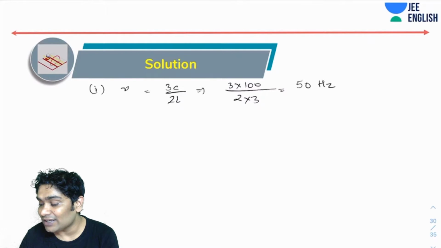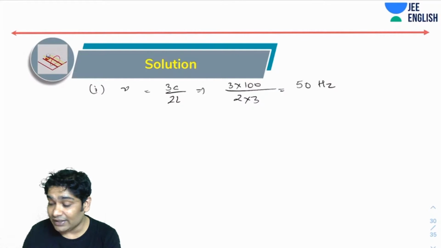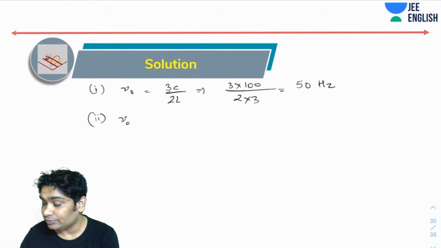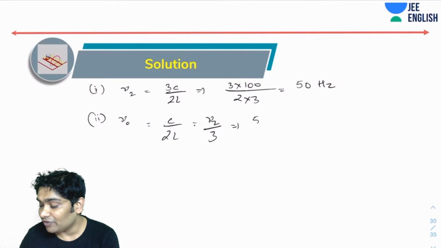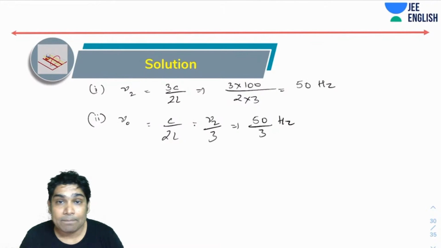So the first answer is absolutely correct. If 3C by 2L is 50 hertz, then nu 0 would be C over 2L, which is nu 3 by 3, so 50 by 3 hertz. All that is correct.